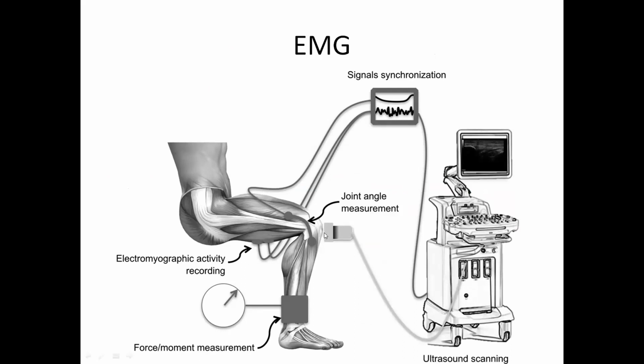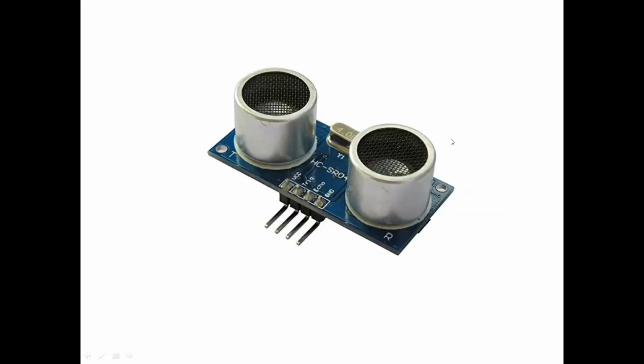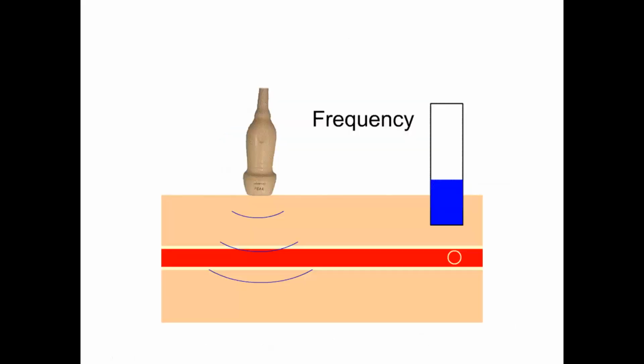Here we have to measure the concerned ultrasonic scan for the knee and bone potential measurements. These are the small transducers. This is the simple principle of how this electrophysiological test will be performed.